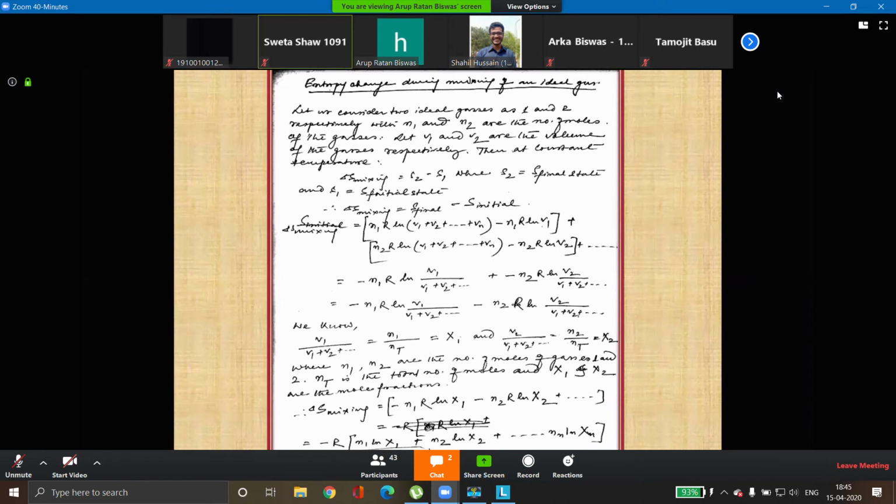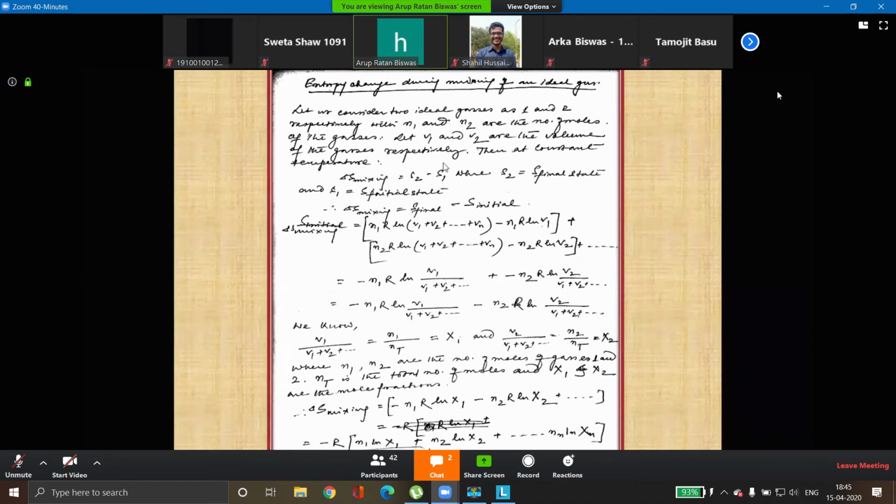Page number 687, which has example 16, is based on the theory given on page number 667. Did you understand? And the same thing I have written over here. Now, let us consider two ideal gases as 1 and 2 respectively, with N1 and N2 the number of moles of the gases.